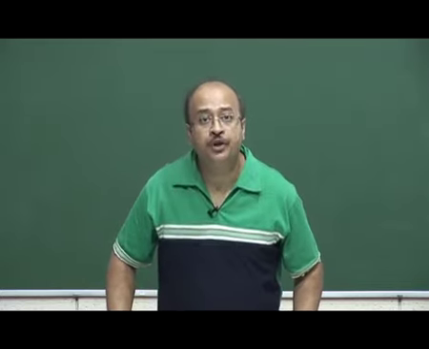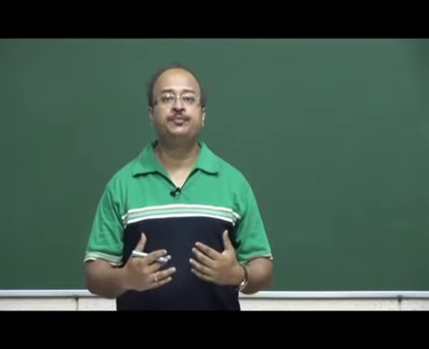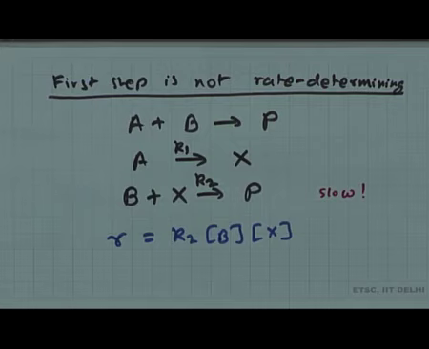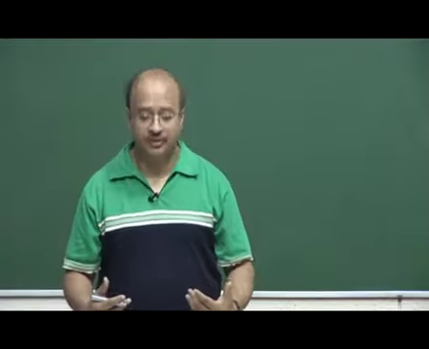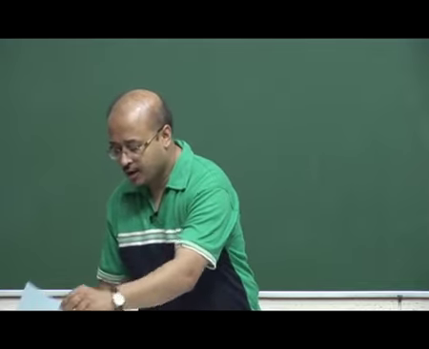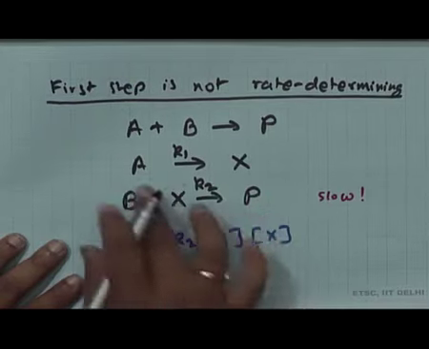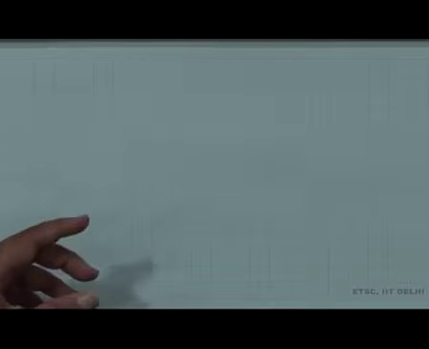Now, how do we do that? We propose a mechanism such that this X does not feature in the rate expression. This is where I said I will not go into the details, but I will just show you the example so that you have a better feeling of it. We will still go by these two steps, A going to X and B plus X going to P, but we will make a slight change.